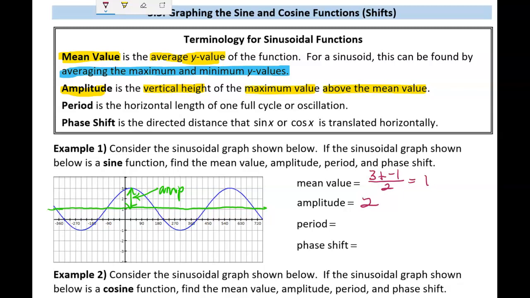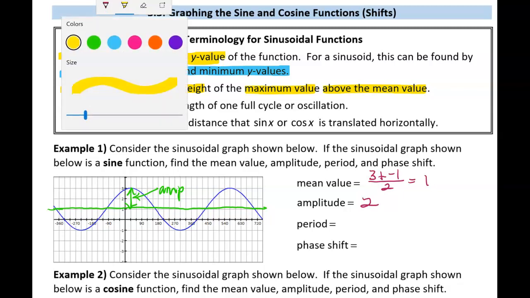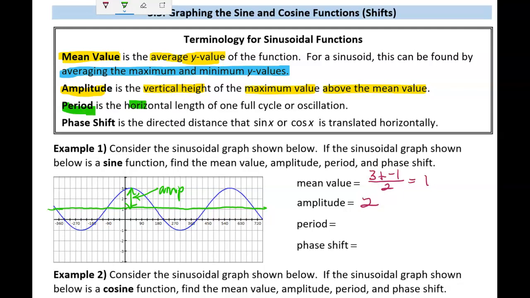The period of the function is the horizontal length of one full cycle or oscillation. So the period of this one can be measured in several different ways. I like to measure period from a maximum to another maximum, or a minimum to another minimum, because that's a really easy point to spot on this function.